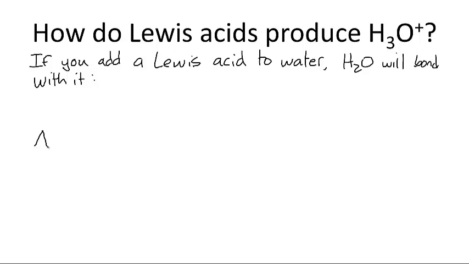I can explain the reasons for that later. But if I dissolve aluminum 3 plus in water, really it's going to get surrounded by water molecules. So it'll make a complex just like cobalt did.